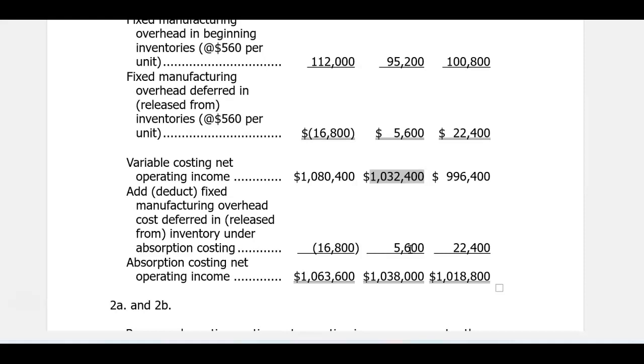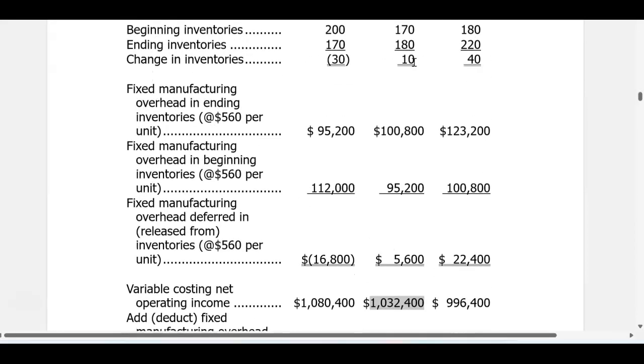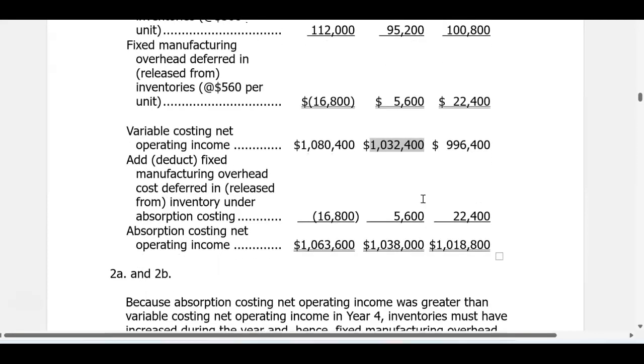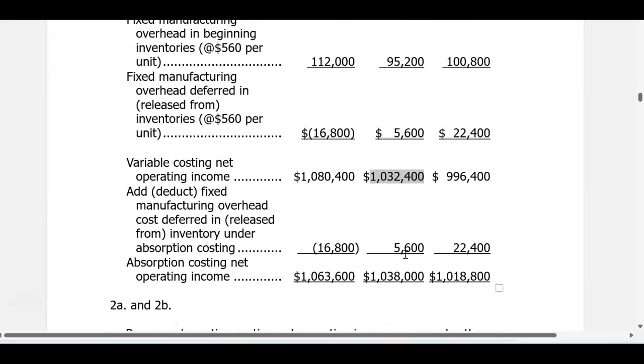That means our operating income will be higher under absorption costing, because the cost is absorbed in the ending inventory by the 10 units we have left, higher than beginning. So those 10 units include fixed expenses under absorption costing. 560 times 10 is 5,600. So $5,600 is in the ending inventory under absorption costing, like the regular income statement.